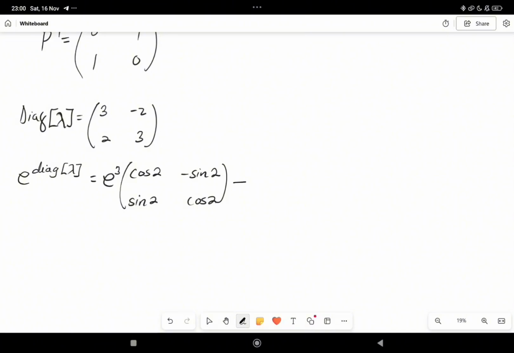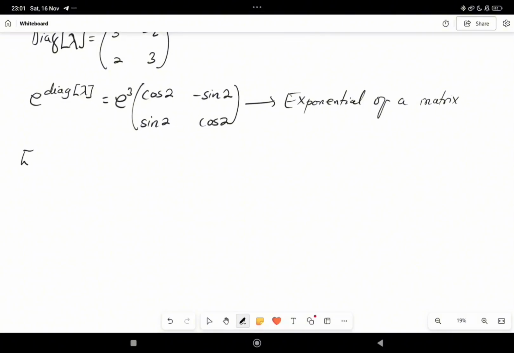This is the exponential of the matrix. So to write our e of t, it is given by e to the diagonal of lambda t.